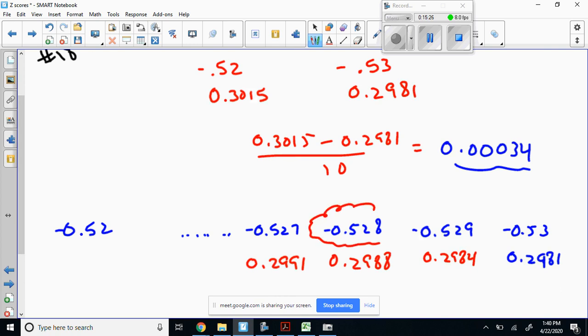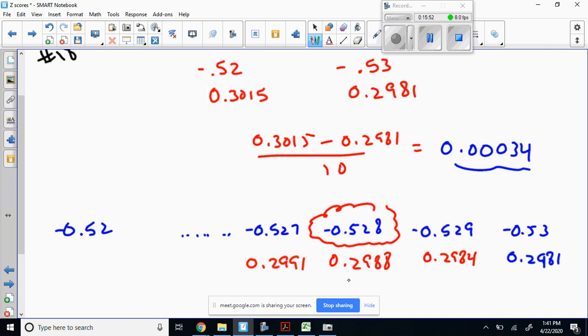That one, wouldn't it? You see how I had to define my upper and lower? It's between these two. I took the difference, divided by 10, and then started adding to see what I got. Does that make sense?